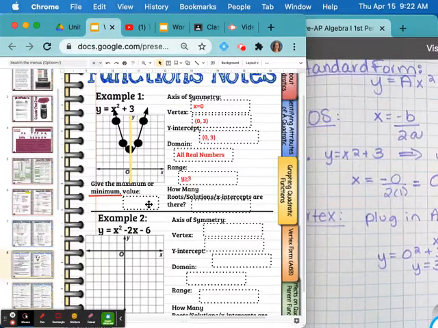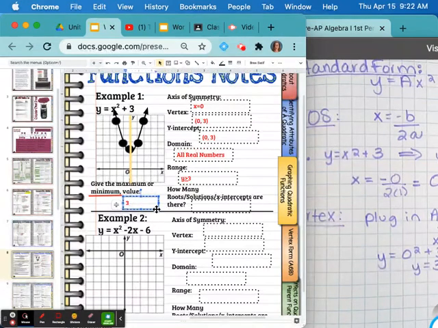And it's only the y value. So how low does it go? The lowest it goes is 3. So we would just put 3. That's our minimum value. How many root solutions, x-intercepts are there? Do we have any? No. So none.